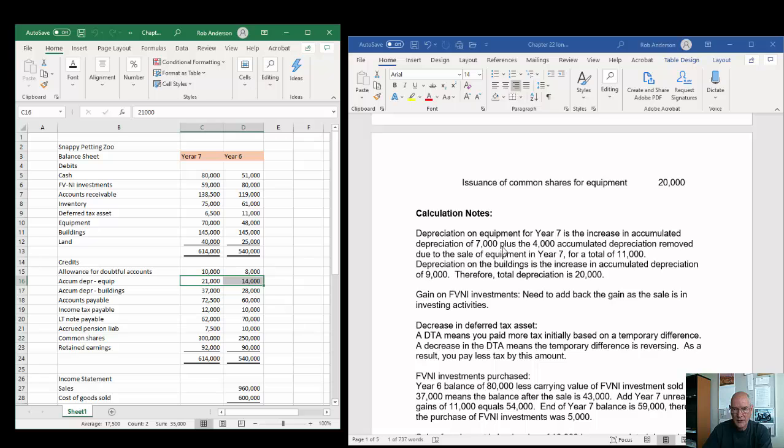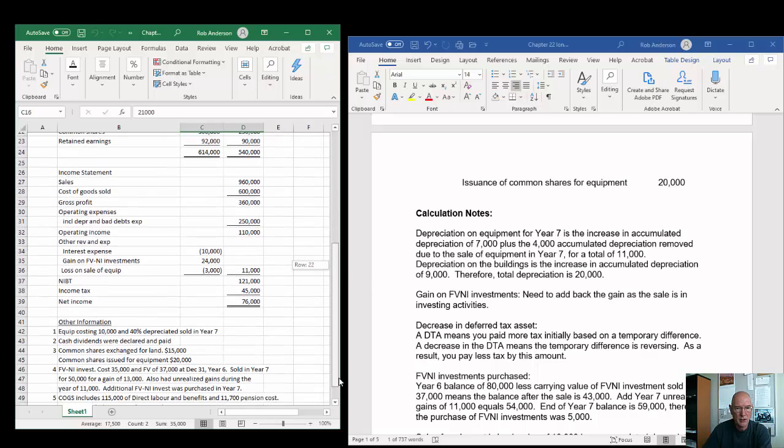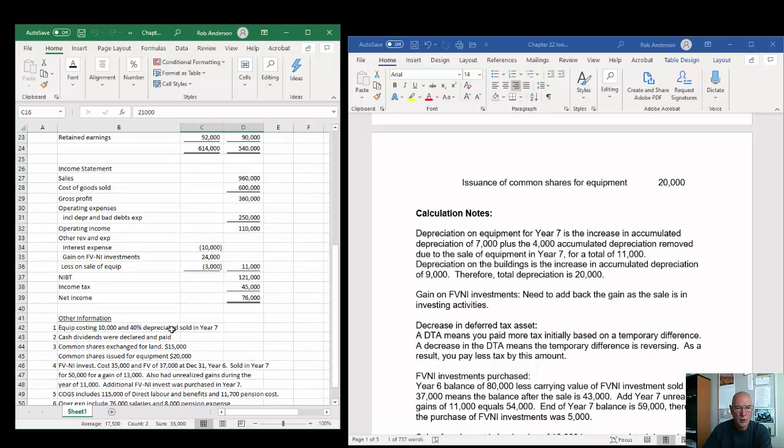However, you'll notice, if you recall, in other information here, we had equipment that was 40% depreciated and it was sold in year 7. Now, recall from financial accounting and disposal of assets that when you dispose of an asset, you have to close out the related accumulated depreciation. So we can see from this line that accumulated depreciation was $4,000 on that equipment, and we took it out.